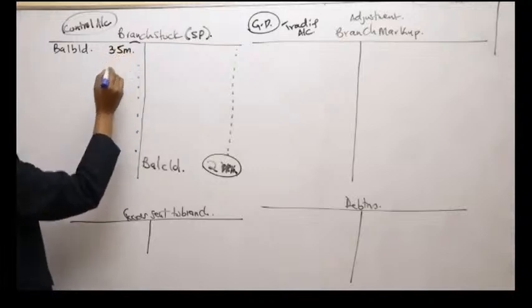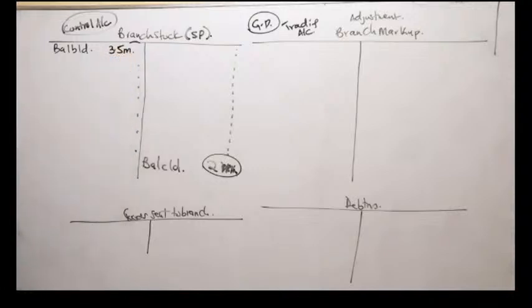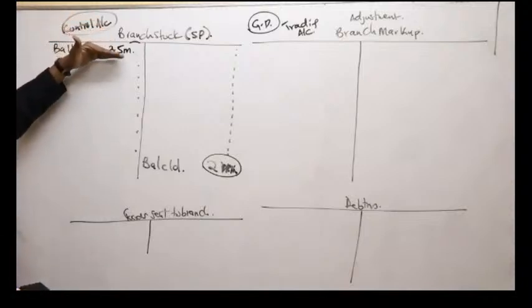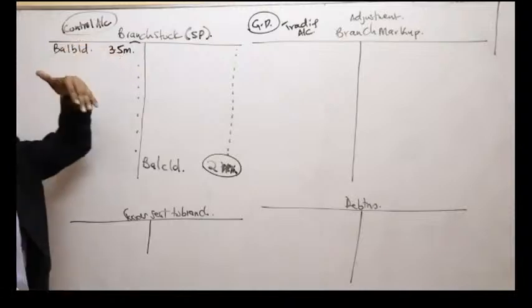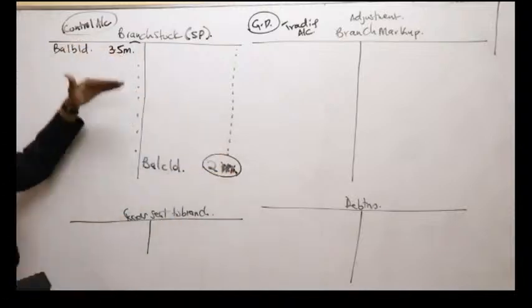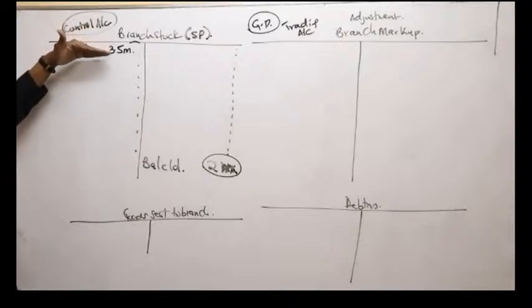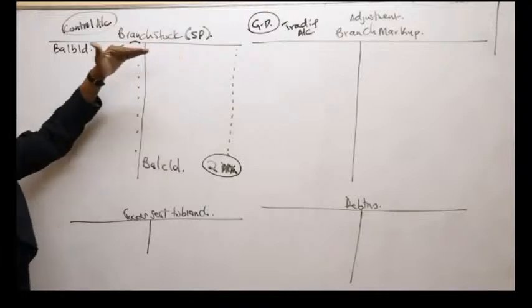But remember, those goods cost me 3 million. I'm using 3 million as an illustration. So we are bringing down an opening stock of the branch at 3.5 million, which is the invoice price or the selling price.